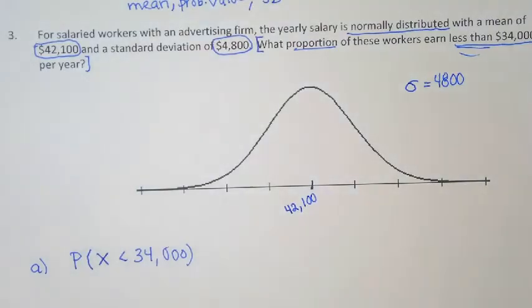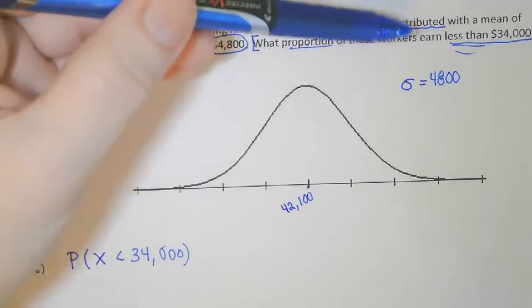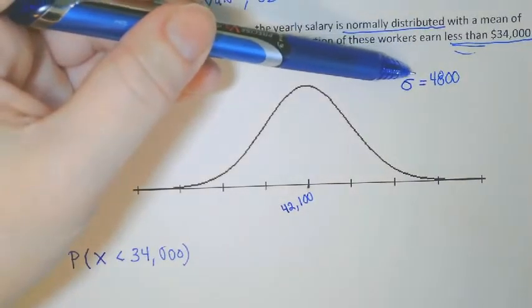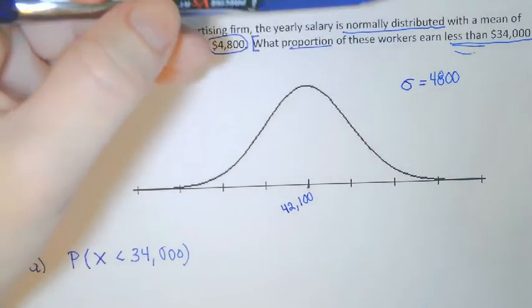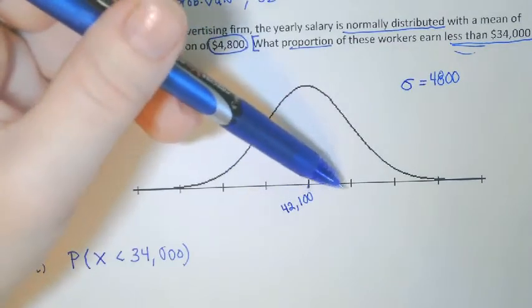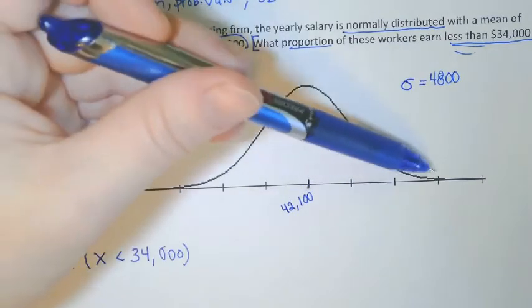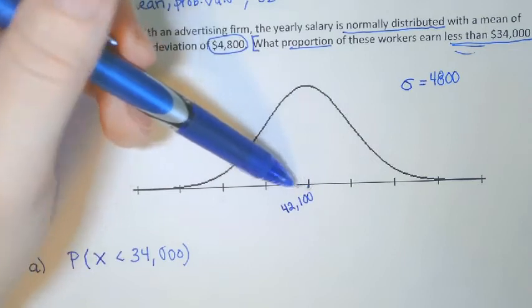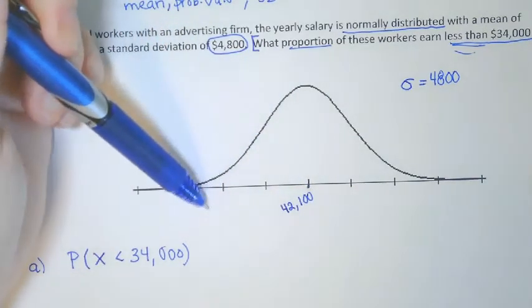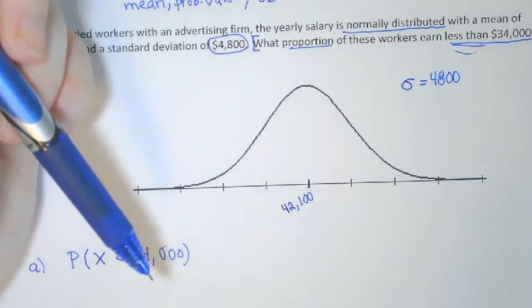If I wanted to label the standard deviations above and below the mean, I would use the standard deviation and either add it to the mean if I'm moving to the right, or subtract it from the mean if I'm moving to the left.